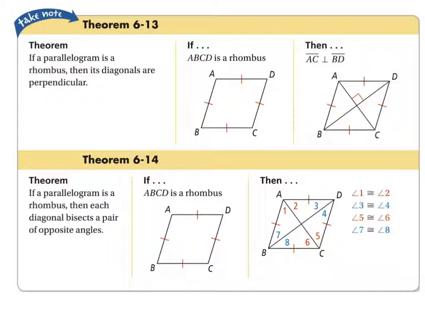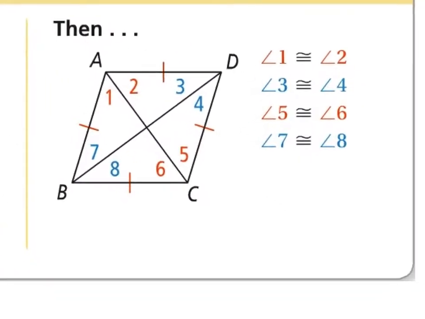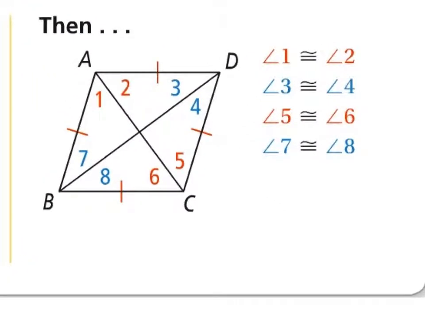Now, looking at that fact, and you guys can flip back to your flow chart at the back side of your notes, but we know that a rhombus is also what type of shape? Looking at your flow chart, a rhombus is also a parallelogram. And what do we know about the opposite angles in a parallelogram?